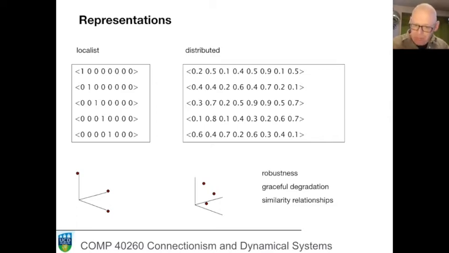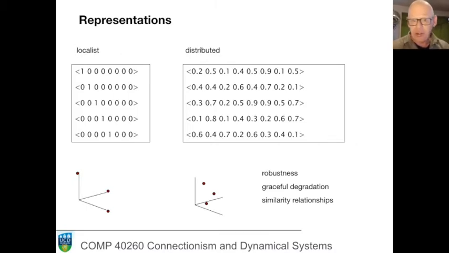A first important distinction is between means of encoding the world in which we use a bunch of units, and the unit is on if a feature is present in the world or off when the feature is not present.